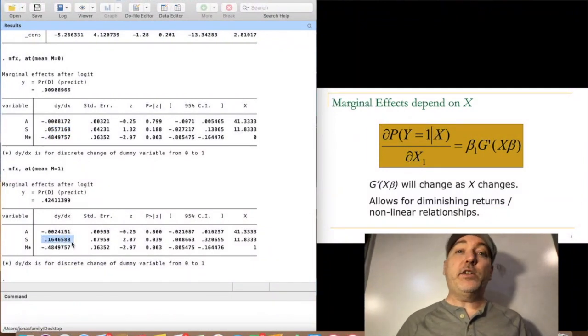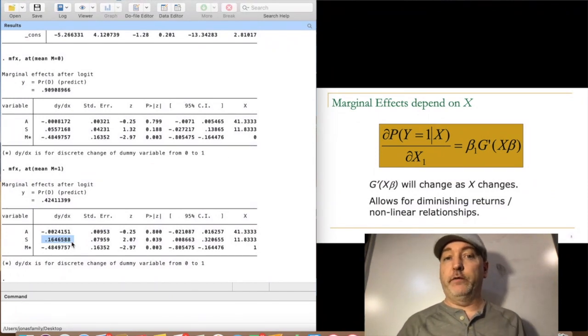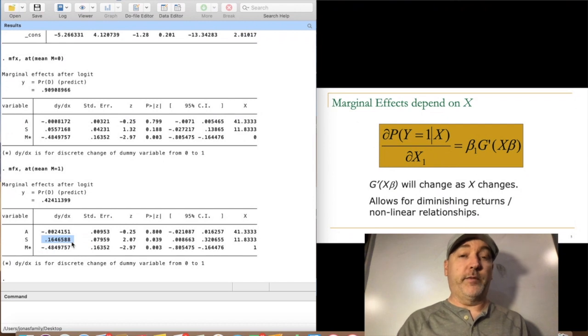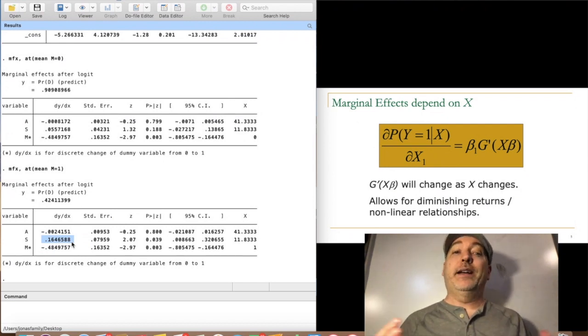So this is an easy way to look for sensitivity of marginal effects to different variables. But it's all coming from that same MFX command. And the other key point is it's not coming directly out of that Logit or Probit function. And this, calculating marginal effects at differential values, that applies equally to the Logit and the Probit.